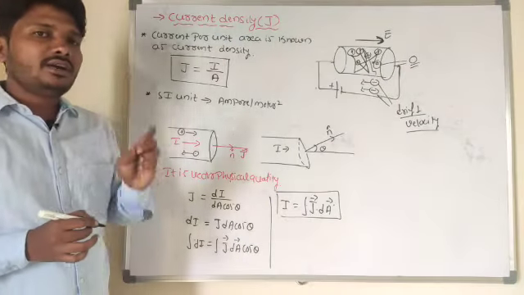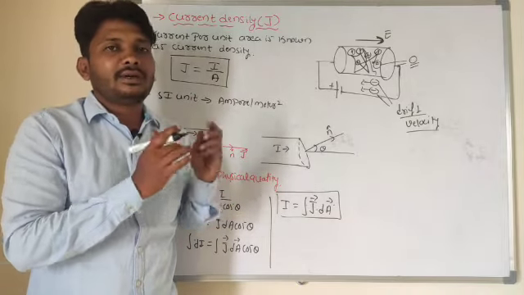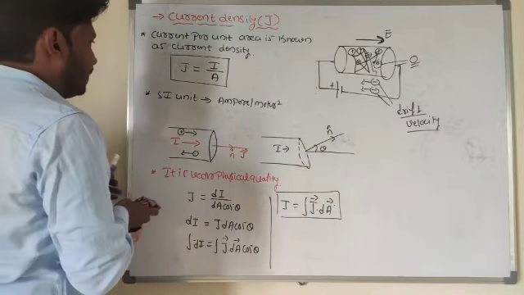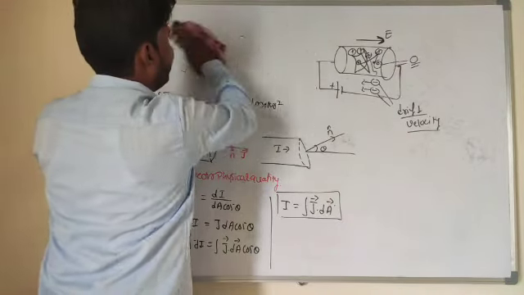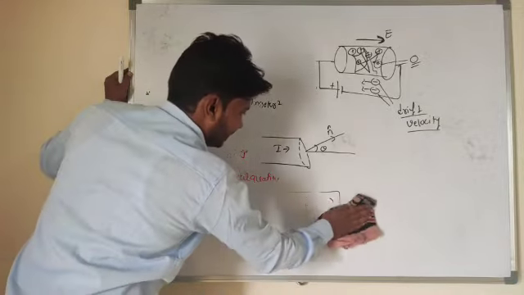Now let me understand what is the drift velocity of the free electron and what will be its mathematical expression. Let me start with the next concept, that is drift velocity of a free electron.